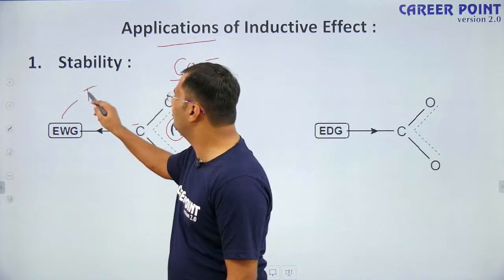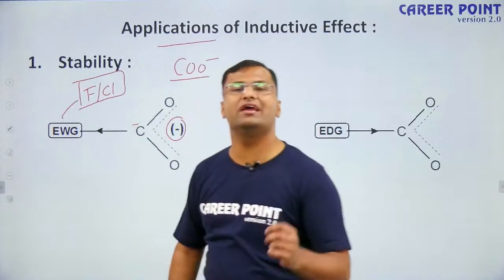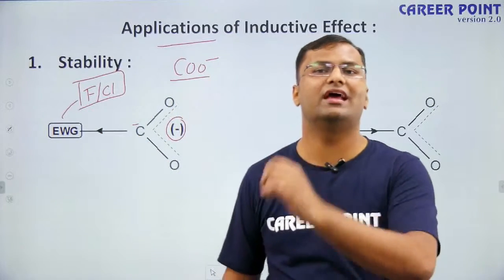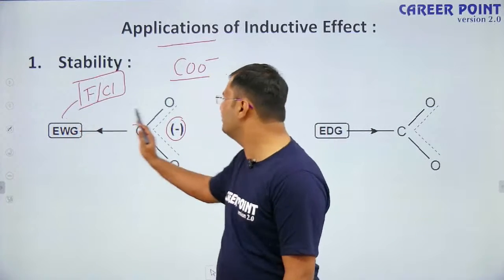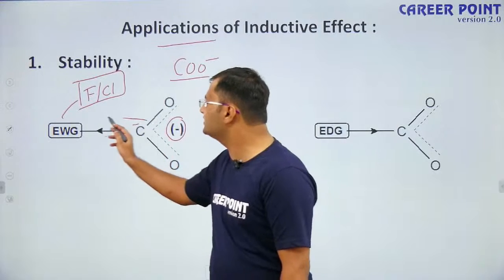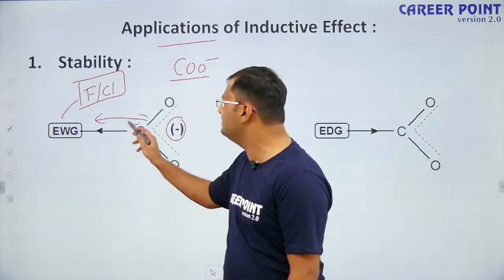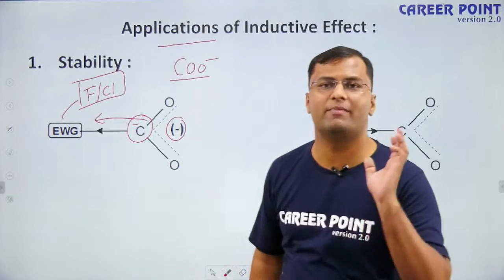So we can say fluorine, chlorine, any atom which has more electron withdrawing capacity. So whenever this electron withdrawing group is attached to COO minus, it pulls the electron of COO minus and stabilizes this COO minus.